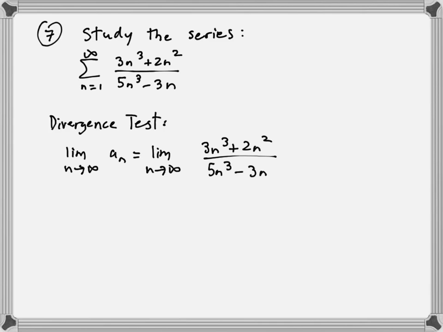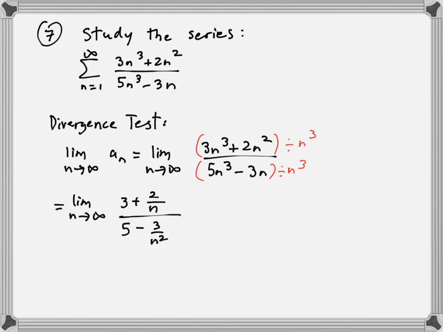So I'm going to divide by n cubed. This is going to equal the limit as n goes to infinity of 3 plus 2 over n over 5 minus 3 over n squared. This goes to 0, this goes to 0, and so this whole limit is equal to 3/5. So what did we just show?